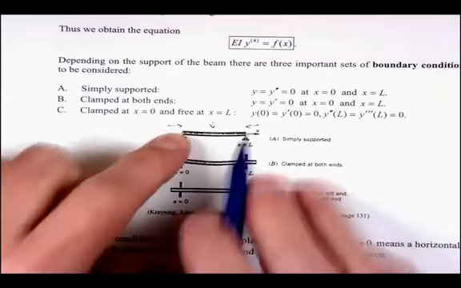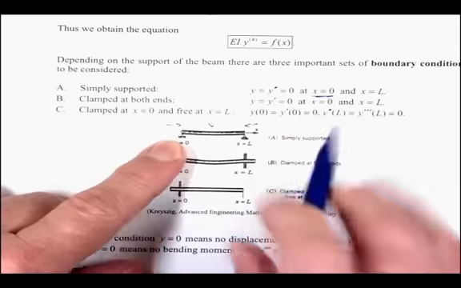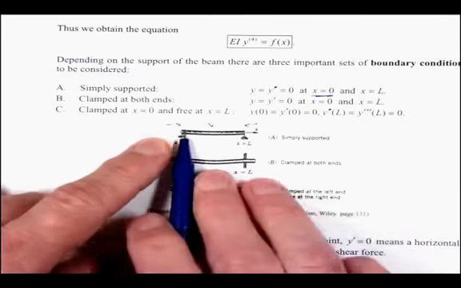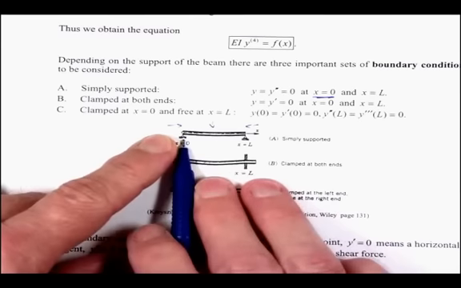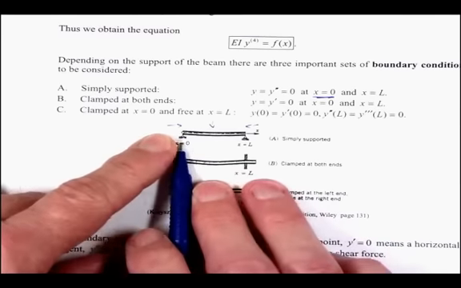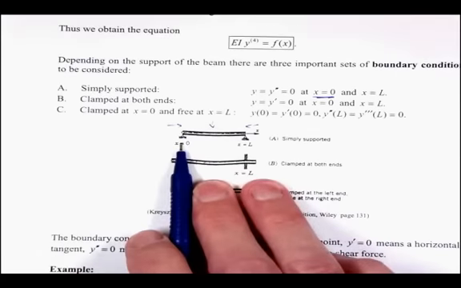Now, when it's simply supported, what that means is that the height y at x equals 0 is here. If I simply support it there and I put a load in here, does that height change at all? That's what the support's doing. It's keeping it at the same height. And the same at the other end.